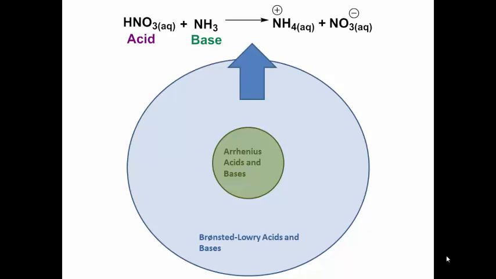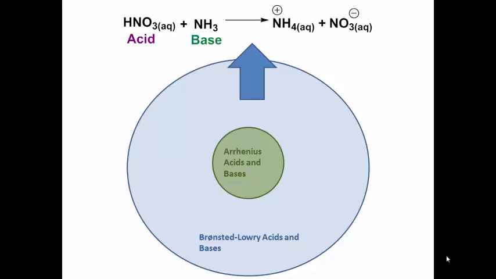You can see that nitric acid, or HNO3, donates a hydrogen to ammonia, or NH3. So you can see that hydrogen is donated, and we make ammonium ion, which is NH4+, and then NO3- doesn't have that hydrogen anymore. So you can see that HNO3 is a Bronsted-Lowry acid because it donates that hydrogen.